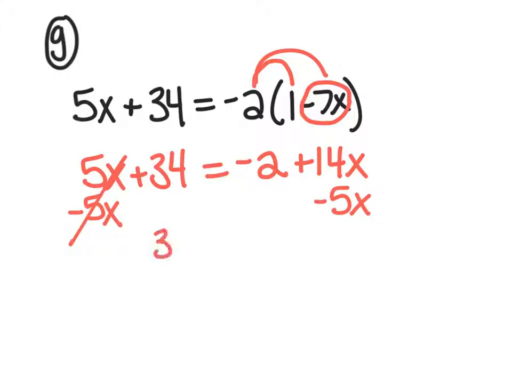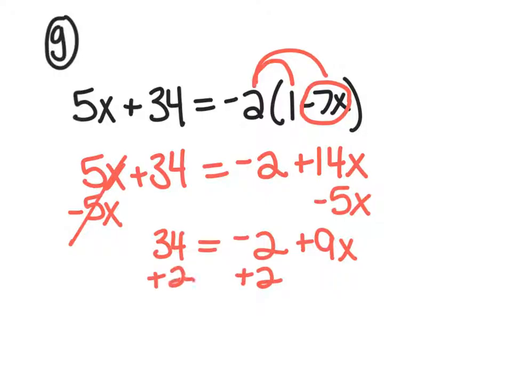So on the left side of my equation I'm just left with 34, and on the right side I just bring down my negative 2, but now I have 14x minus 5x, and that is a positive 9x. So we've got our x's on the right side now, and they're positive. So let's get rid of this minus 2 by adding 2 to both sides.